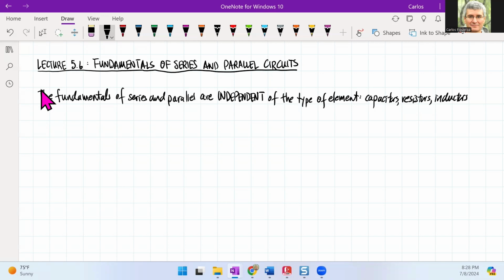So the first thing that we got to do here is identify when elements are in series or parallel.